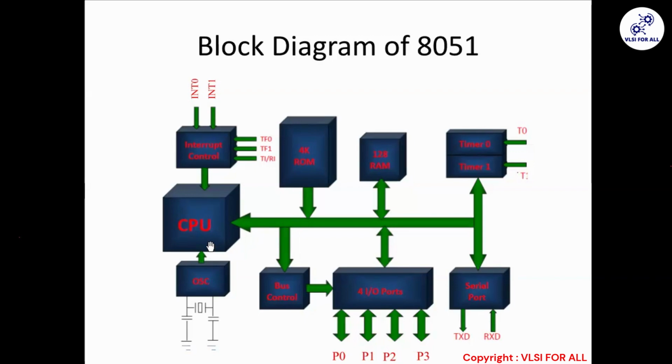Then the CPU is supported by the oscillator. Whatever changes or operations are happening in the CPU have to be synchronized with the oscillator. This oscillator generates a particular frequency with the help of a crystal oscillator and capacitor, and in synchronization with this, our CPU will run.